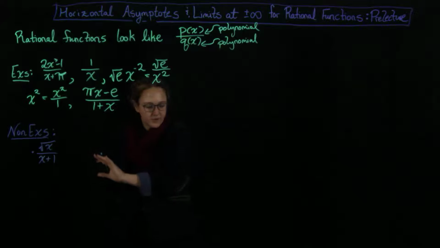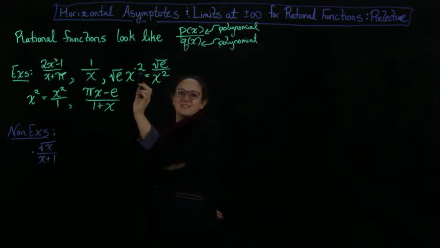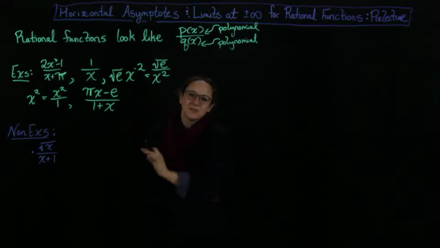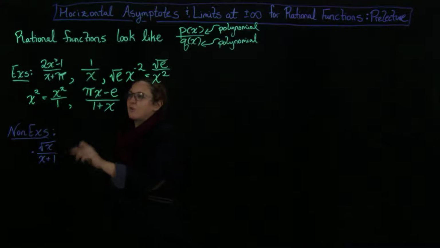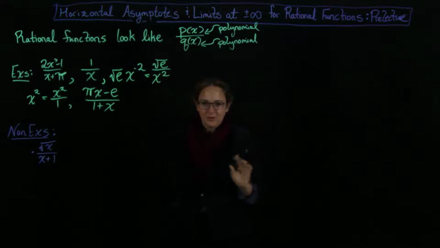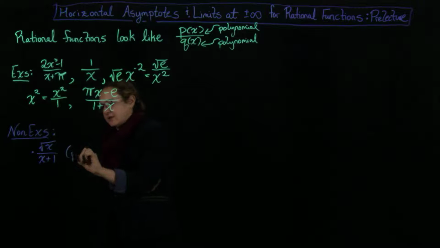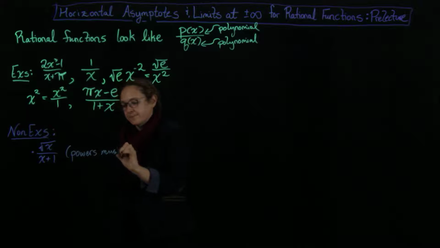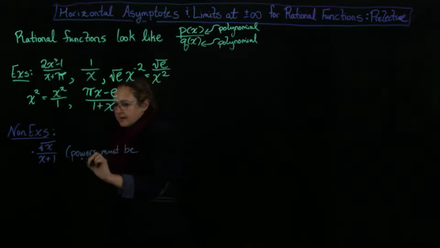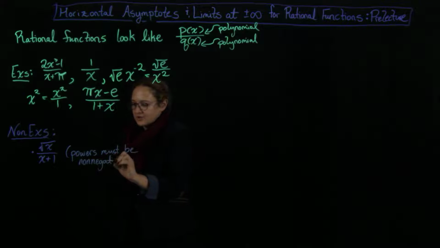The problem here is that powers must be non-negative integers, or at least we must be able to write it like that. A negative power is okay because I can move it to the bottom. But overall, there's no way to break this down so it looks like polynomial over polynomial. So powers must be non-negative integers.